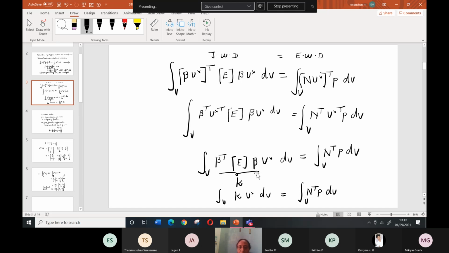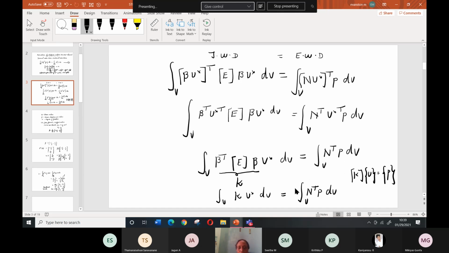So this is nothing but k, because we know k u is equal to p, already we have studied. So when you compare this one, you will get k is equal to beta transpose E beta, and p is equal to N transpose p.